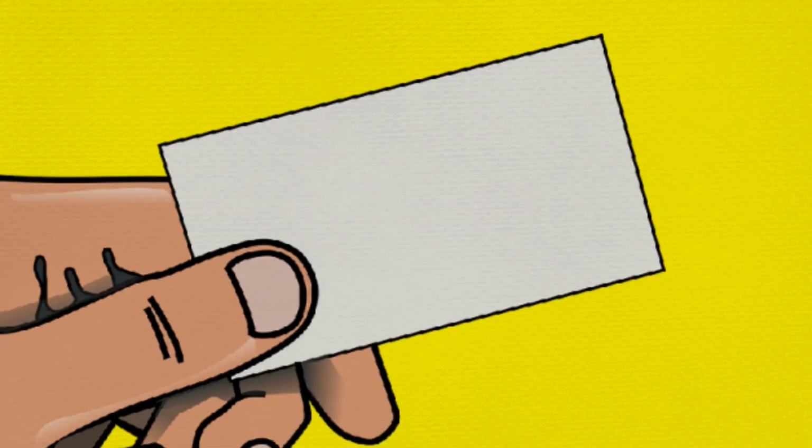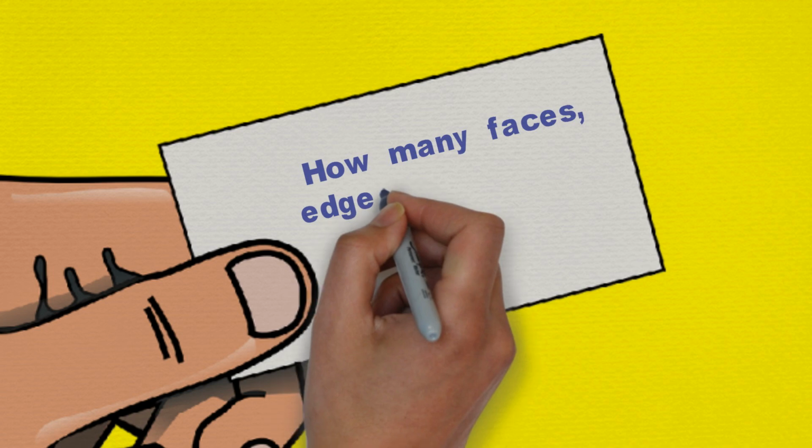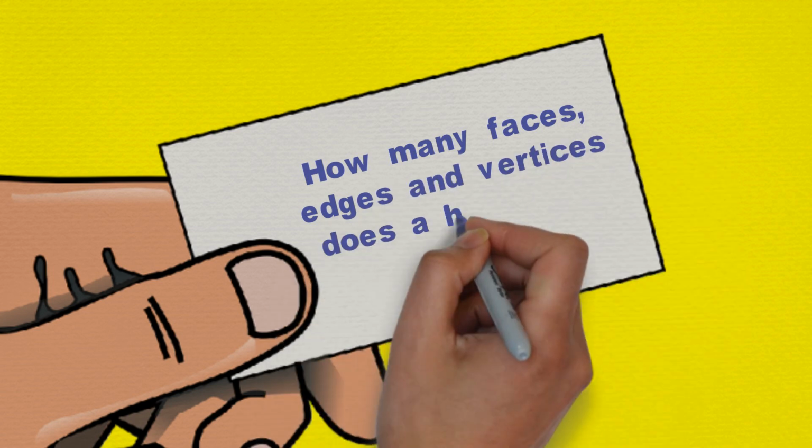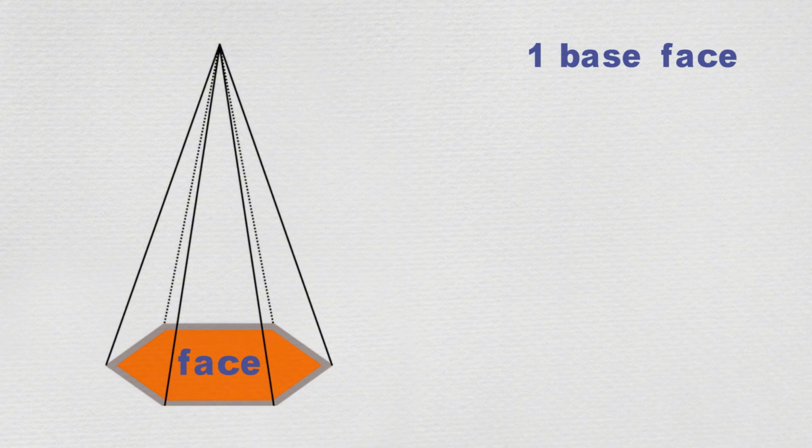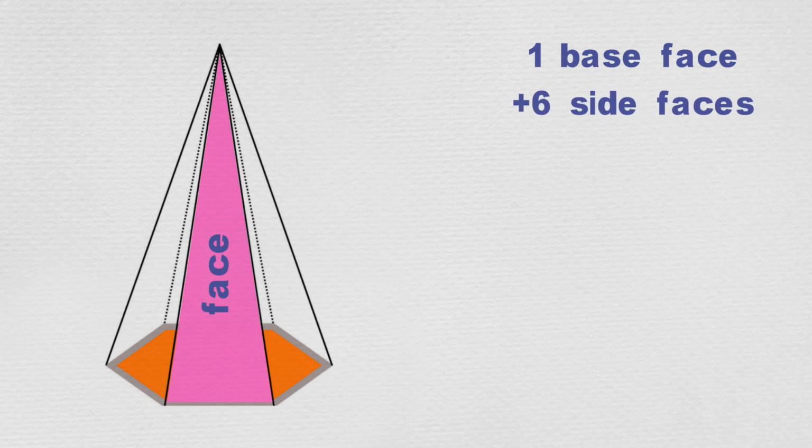Question: how many faces, edges, and vertices does a hexagonal pyramid have? Answer: the one base face of a hexagonal pyramid is a hexagon. So there are 6 side faces, all triangles, between the base and the apex, making a total of 7 faces.